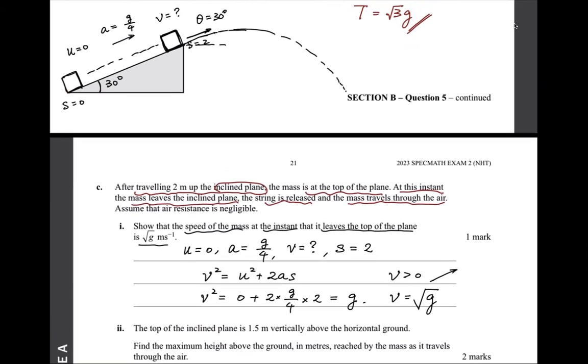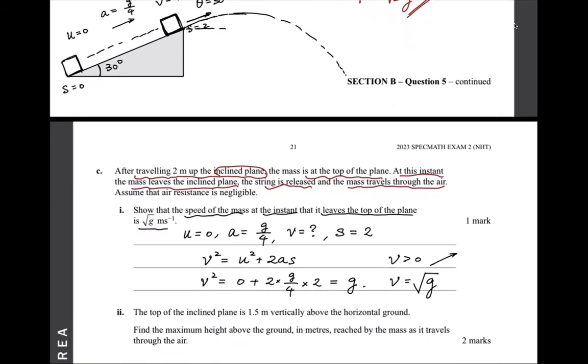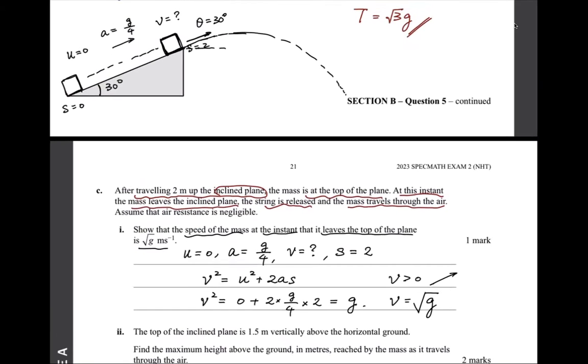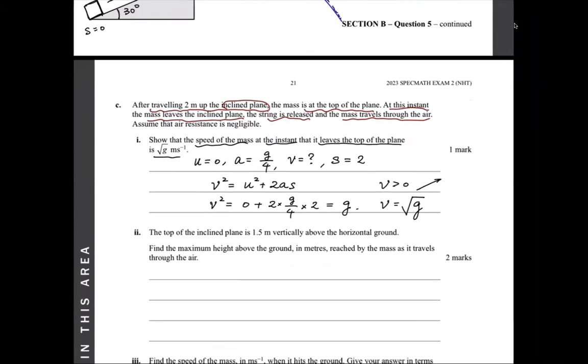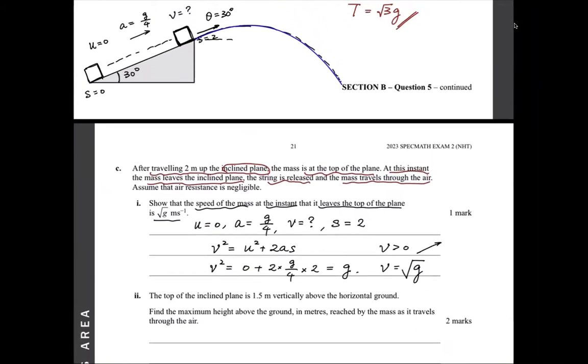But that is just the v naught of this projectile motion. The second stage is a projectile motion, all right? So then we start to look at, okay, the top of the inclined plane is 1.5 meters vertically above the horizontal ground.